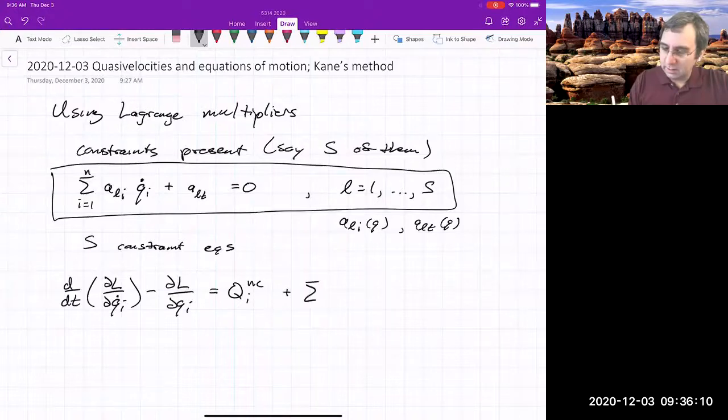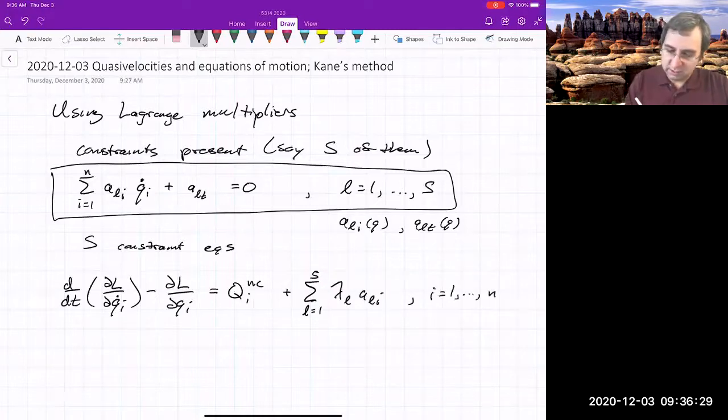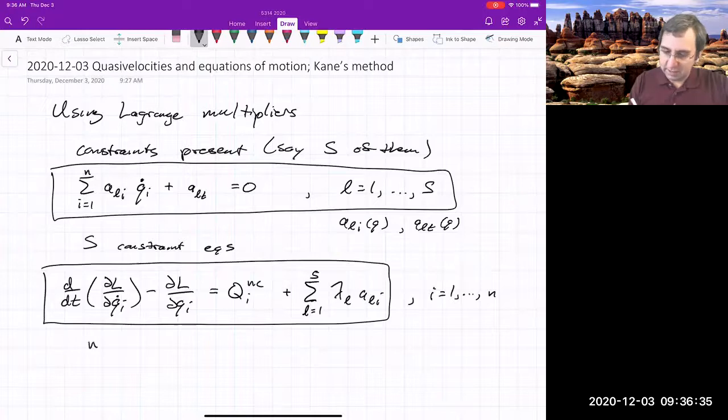Then the forces of constraint are handled via these Lagrange multipliers. So we sum over the constraints, and there are these lambda_L's, and then A_LI. And there are n of these, so we have n Lagrange equations.